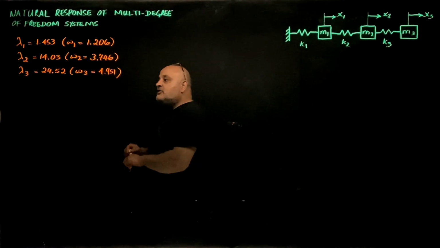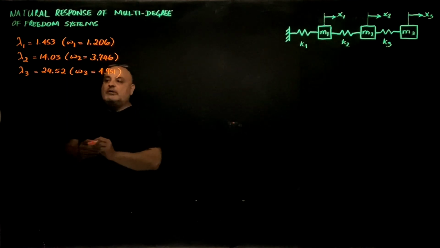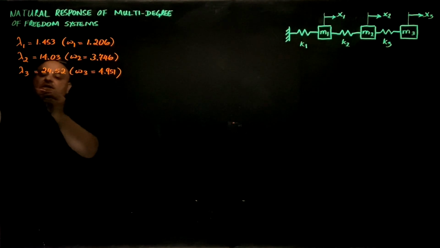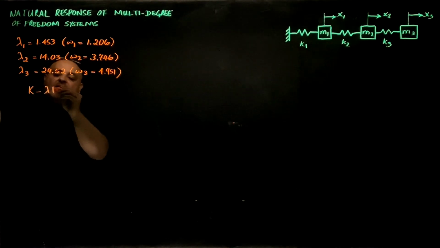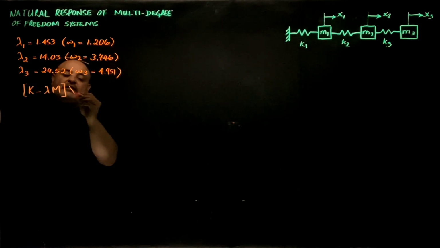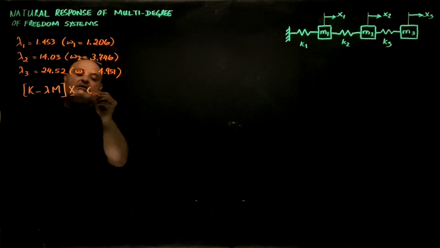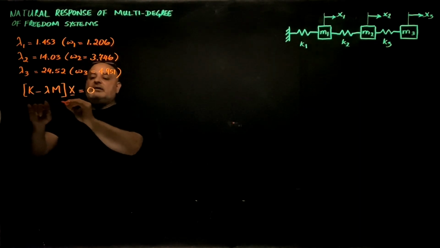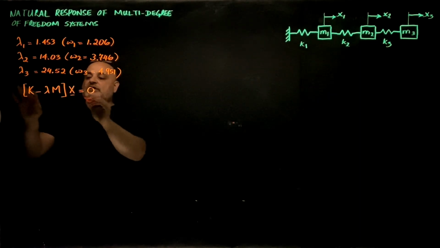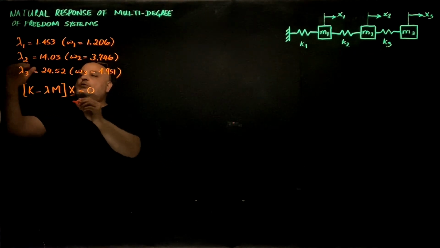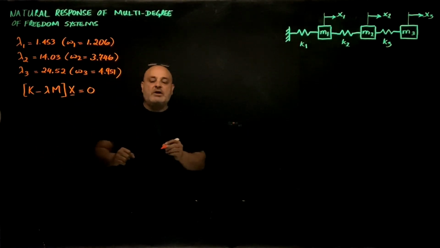Now, going back to our eigenvalue problem, which resulted from substituting the assumed solution. The eigenvalue problem was (k minus lambda m) times the vector x equals 0, and we said that the only possible way to have a solution for this set of homogeneous equations is to set the determinant to 0, and we did that, and we got 3 values for lambda.